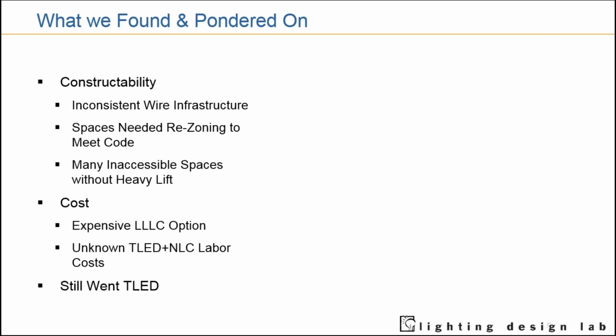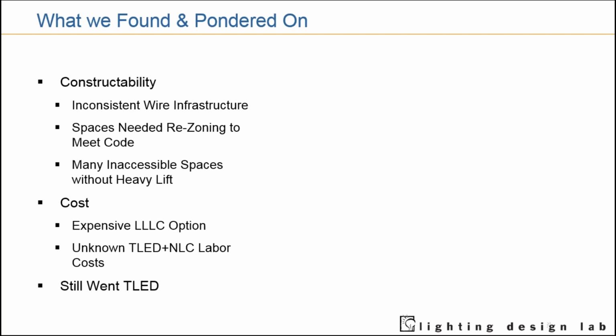So hey, we want to meet code. This is going to need to be rezoned, adding to that labor cost. And for many of the fixtures, we couldn't get access to them in the ceiling because it was a hard ceiling and we could not either find or open some of the entrances there.